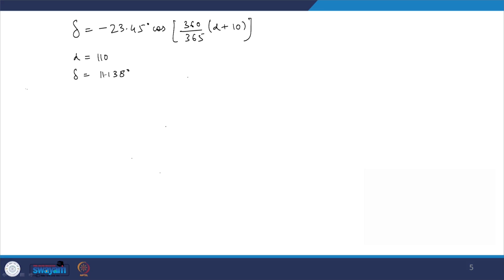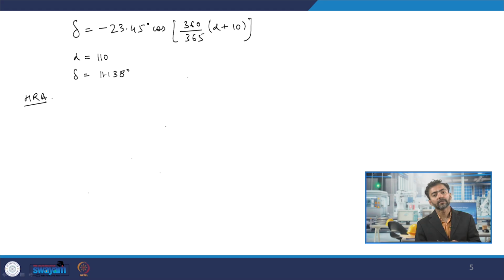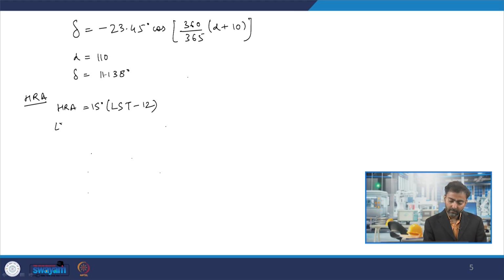Then let us solve for the angle HRA. Now, HRA, as you might recall, is not just one straight equation, there are a series of equations we will have to solve. Let us put the equations first in that order. The HRA or the hour angle is given by 15 degree into LST minus 12. LST is the local solar time, which can be obtained from the local time or the watch time by this expression, local time plus time correction by 60.